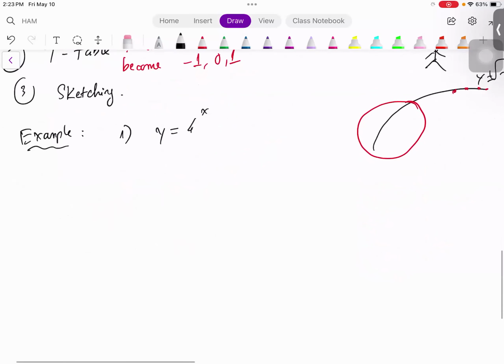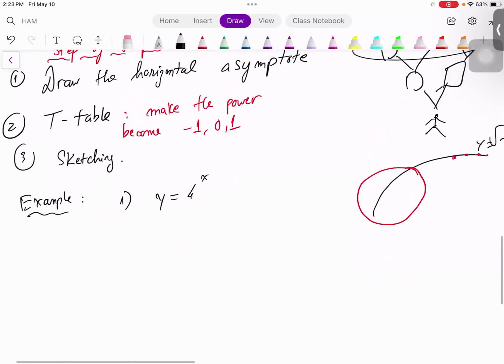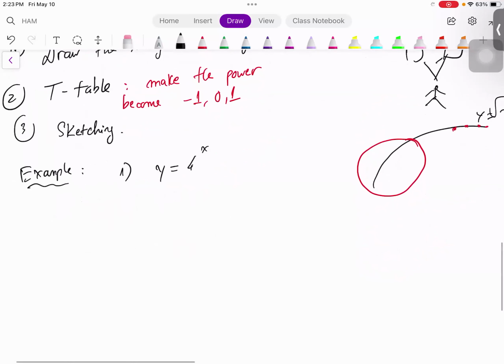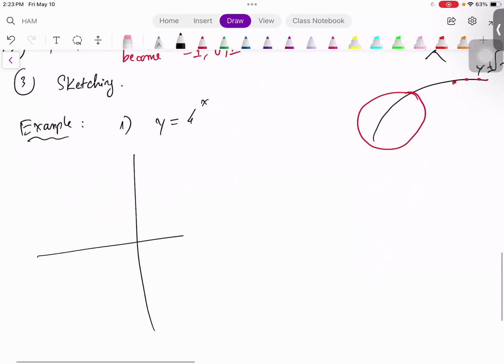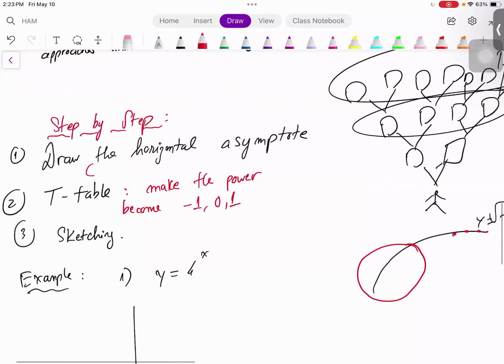Okay, sure. Okay, what is the first step? You need to draw the horizontal asymptote, okay? If you don't see any number outside here, that means it's still y equals 0. Maybe just write down: up or down if there is another constant.